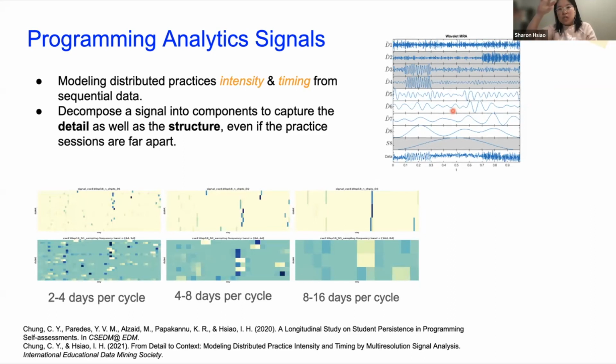So you could see the basic structures and in the meantime attach meaning to the deep details. The more intense, the more actions you see, the more data, the more signals, the more potential detailed information. So we analyzed this longitudinally over multiple semesters, looking into larger scopes and detailed scopes, and we are able to highlight the potential programming analytics signals by the time they work on it and the intensities with which they solve the problem.